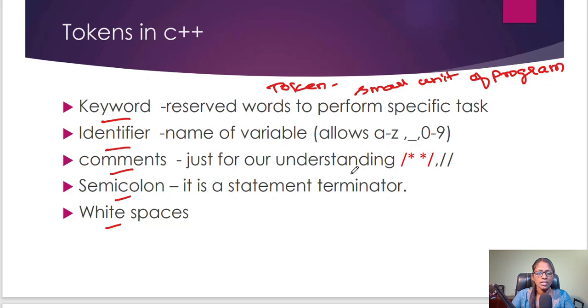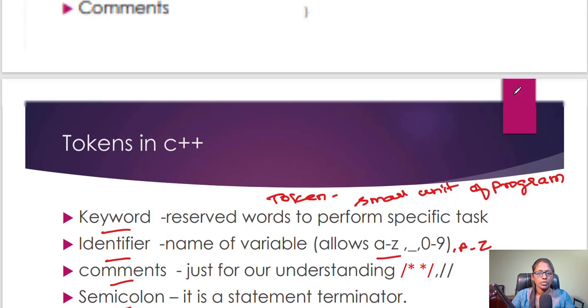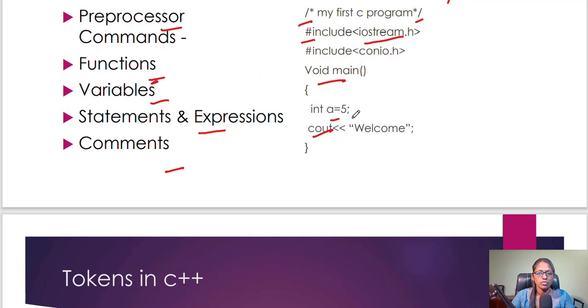And the next one is identifiers. Identifiers are names of variables. The name of a variable allows only A to Z, underscore, or 0 to 9, and capital A to Z is also included in identifiers. For example, here you are declaring a equal to 5, so a is a variable.